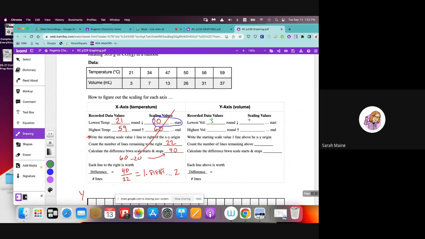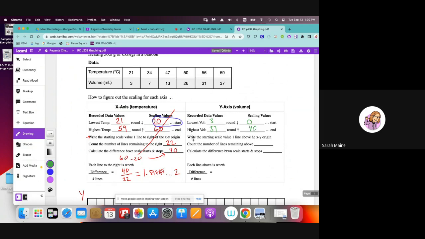So it would be reasonable to start my scaling at 0, because 0 is not too much less than 3. My greatest volume recorded is 37. So my scaling needs to end a little bit higher than 37. I'm going to try to stretch it to 40, since those are easy numbers to work with.